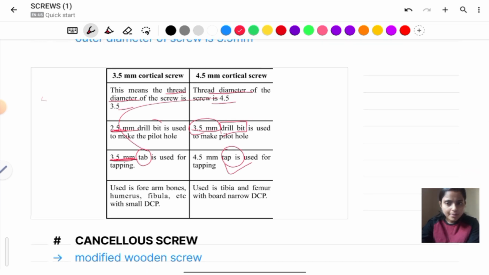And 3.5 mm cortical screw is used in the forearm bones, humerus and the fibula with a small DCP. 4.5 mm cortical screw is used in the tibia and the femur with a broad narrow DCP. It is a big screw, used in long bones like tibia and the femur, in comparison to the 3.5 mm cortical screw, which is used in the forearm bones, humerus and the fibula.